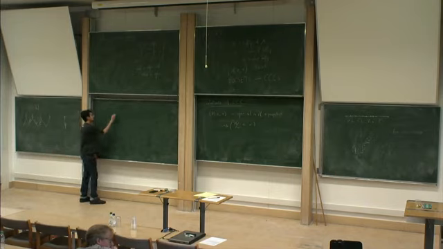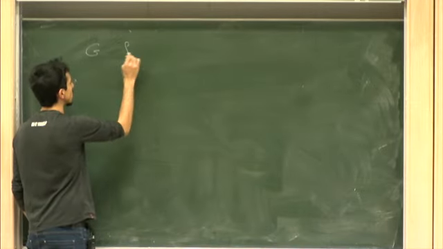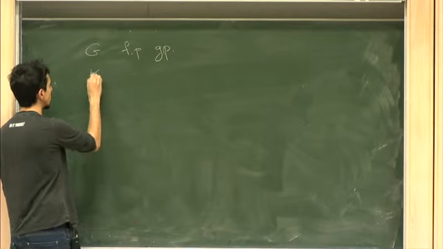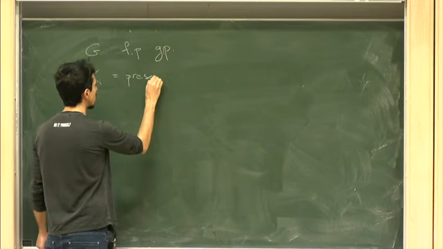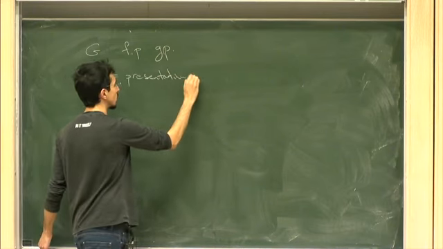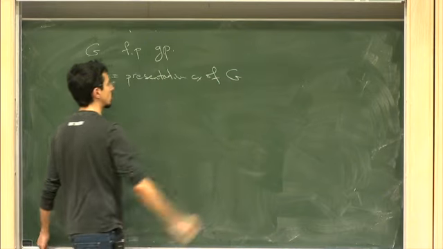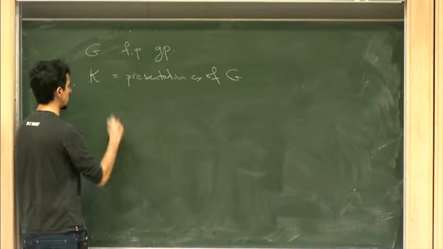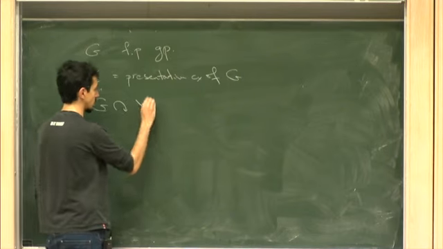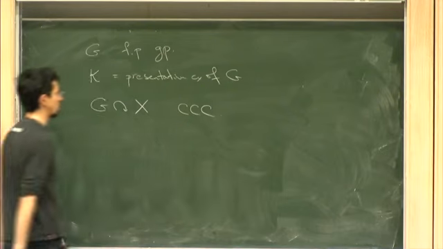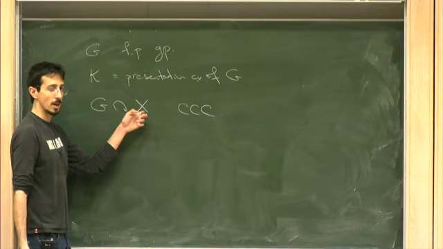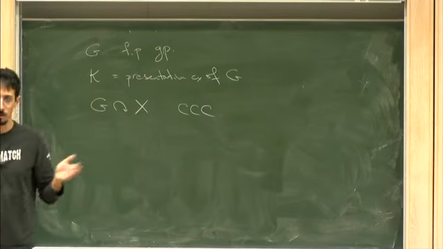You have G, some finitely presented group, and let's say K is the presentation complex of G, or any simplicial complex whose pi 1 is G. And let's assume G acts on a cube complex X. What we want to describe is a new cube complex that maps G-equivariantly to X and is in some ways simpler or more geometric.